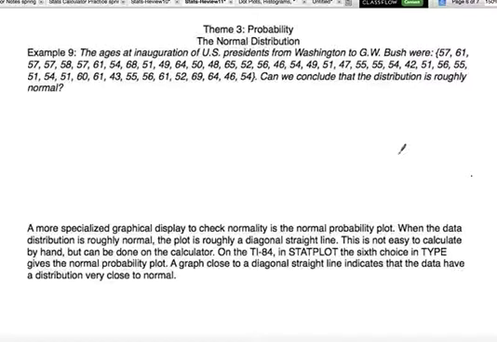So because it is roughly symmetric and unimodal, we can say yes.